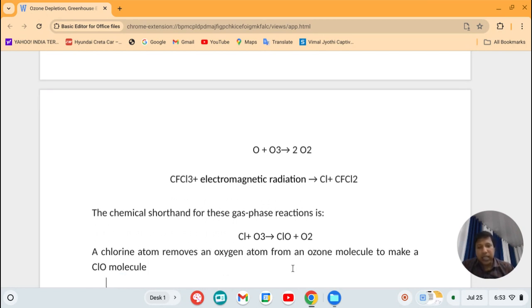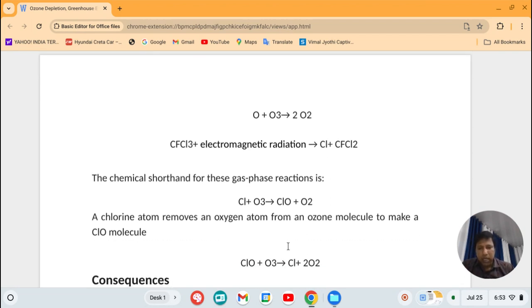Again this ClO will be converted into Cl and O. Here you can see Cl and O will be formed. Again, one ozone molecule is split.